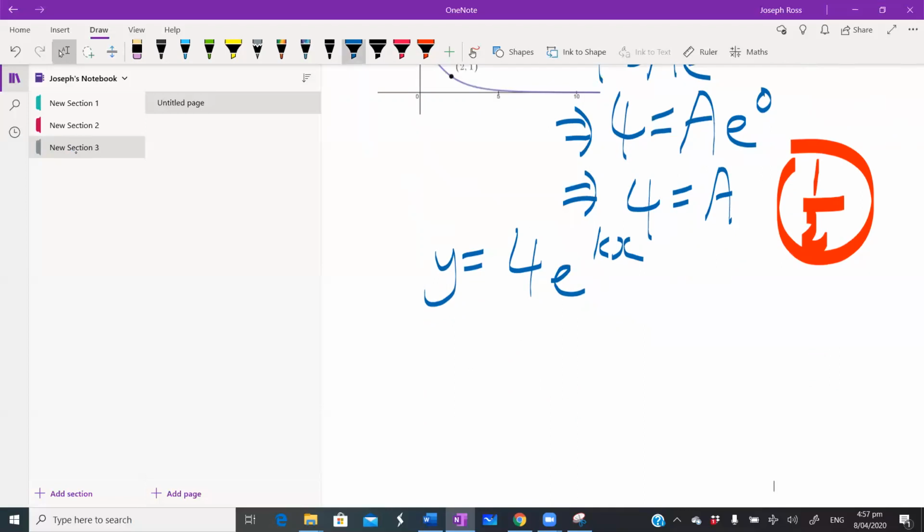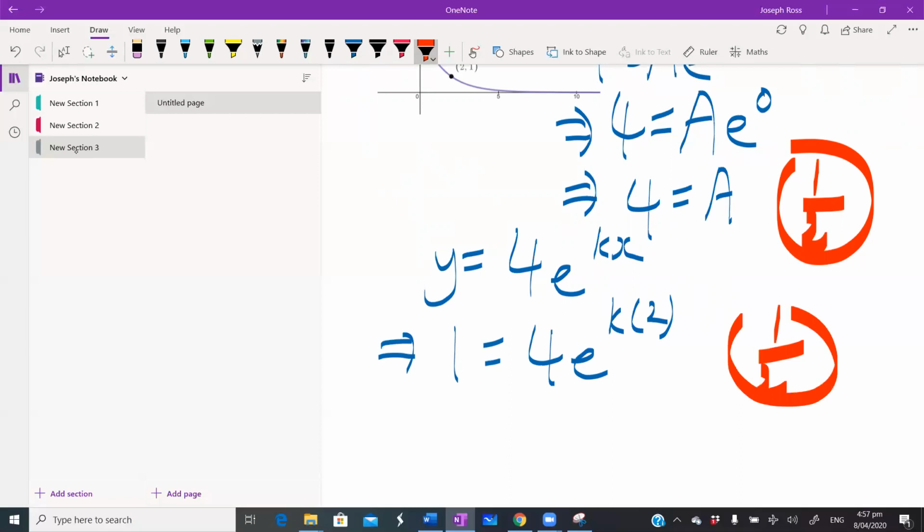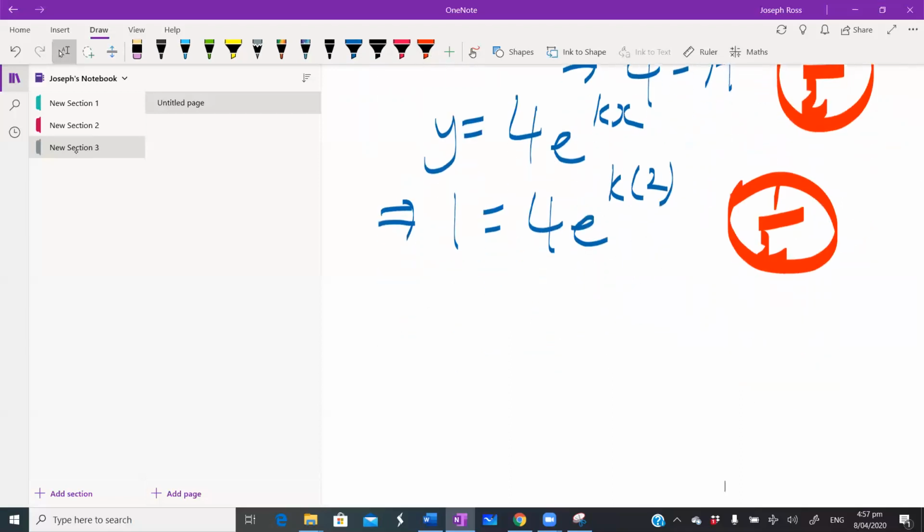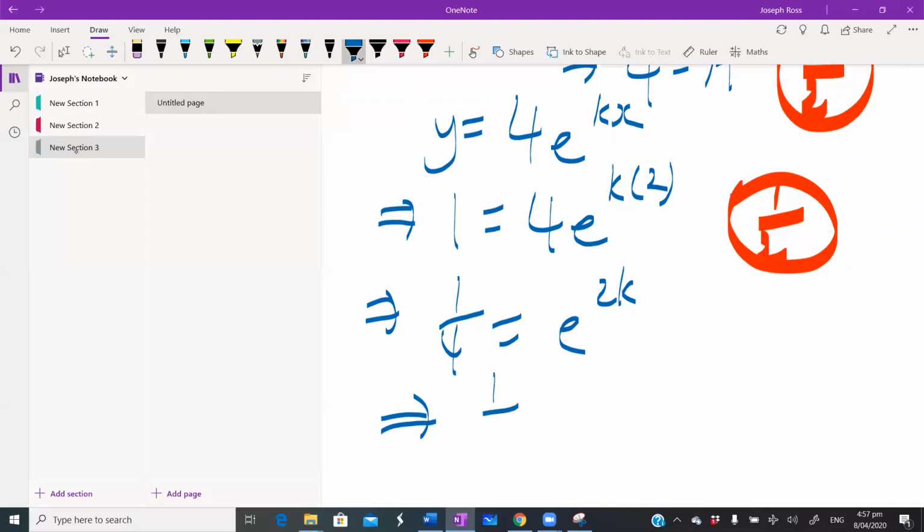So x is 2, y equals 1, and if we substitute that in, we get 1 equals 4e to the k multiplied by 2, and for writing out that equation, that's half a mark, and then we get 1 over 4 equals e to the 2k, so dividing through by 4, and therefore we've got 1 over 4.